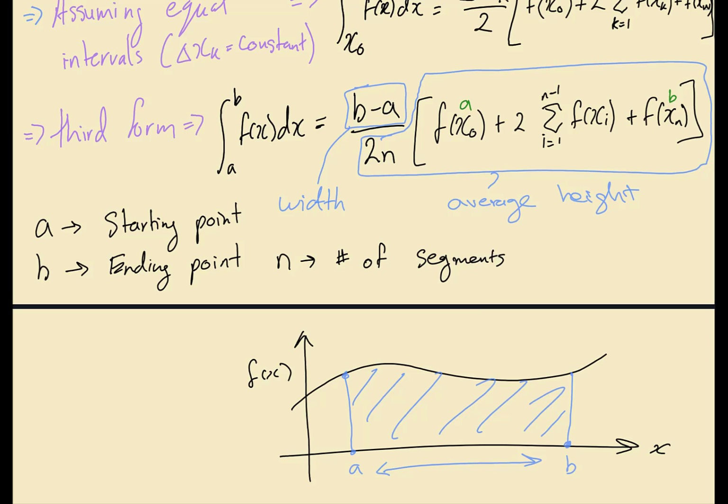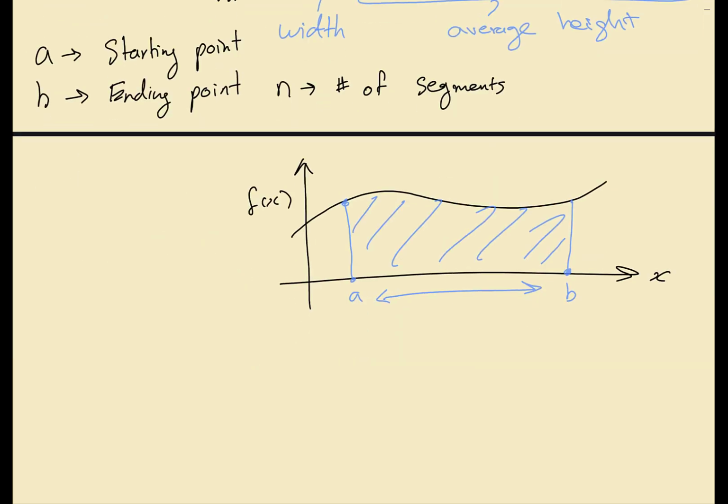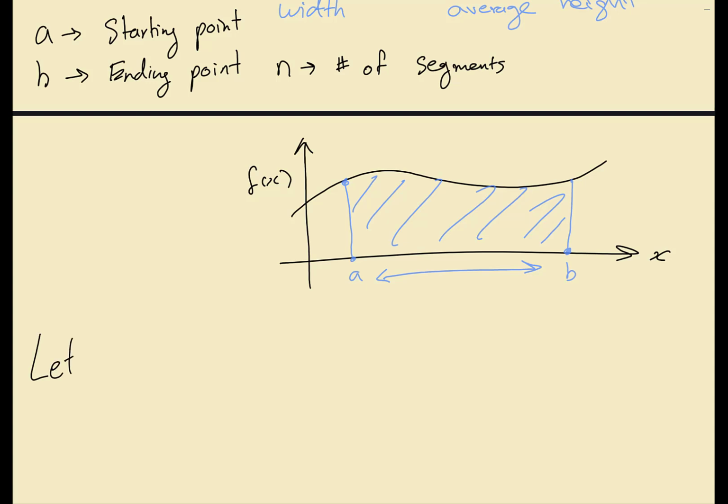Now we're going to introduce the step size as h. You've seen it as h before, but we'll write it again. So let h be the step size. And this is important whenever we have many segments.